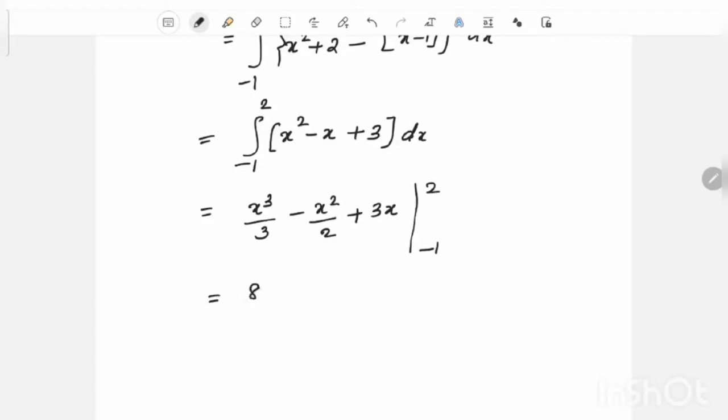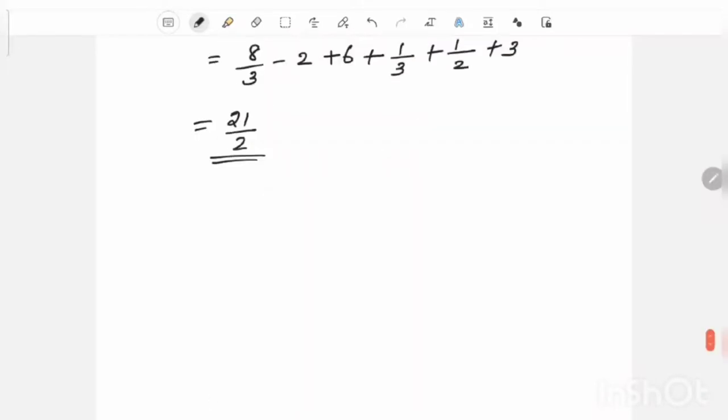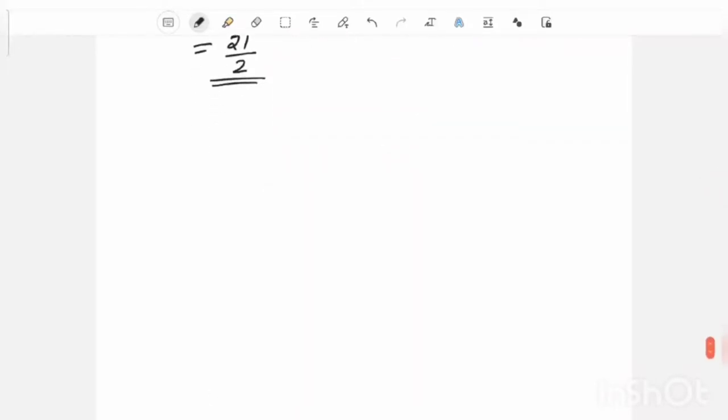So we have 8 by 3 minus 2 plus 6, minus of minus 1 by 3 plus 1 by 3 minus of minus 1 by 2 plus 1 by 2, again minus of minus 3, which is plus 3. And the answer is 21 by 2. Now we can have another example.